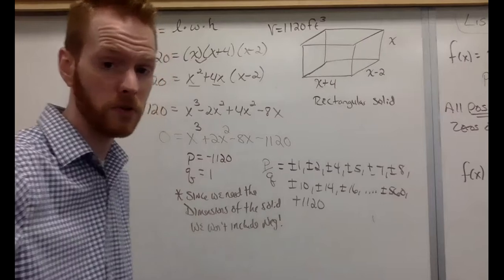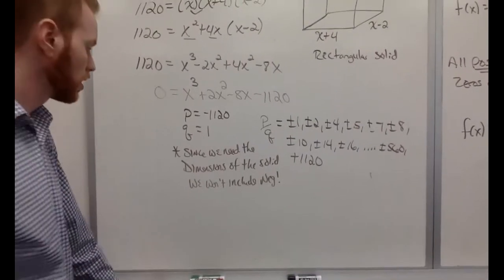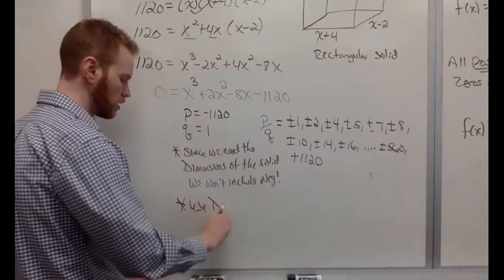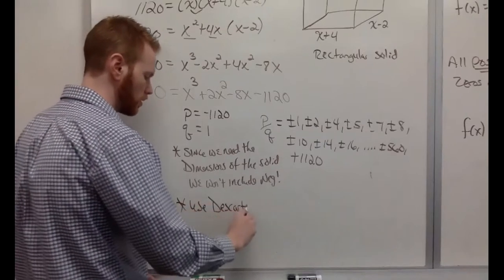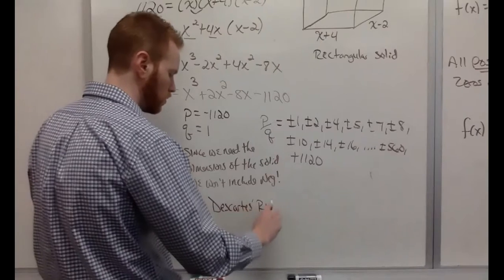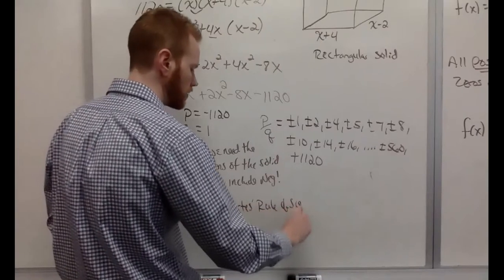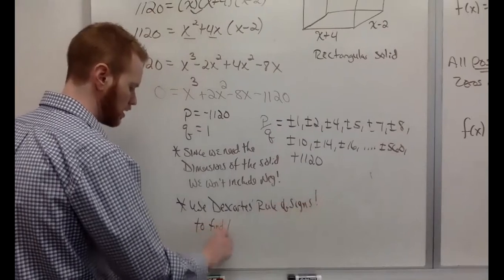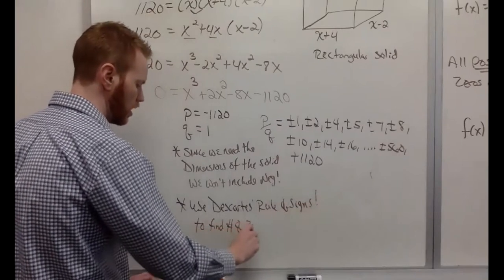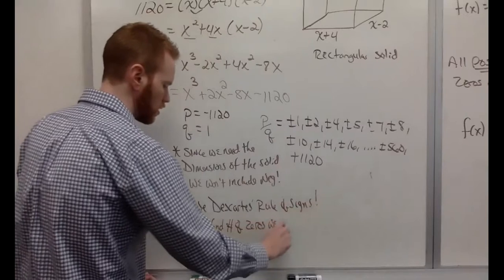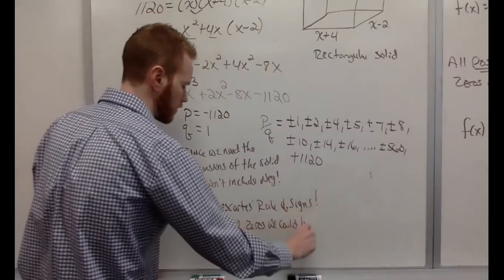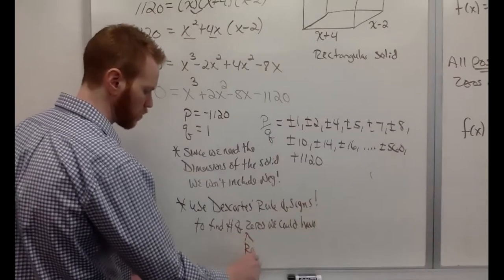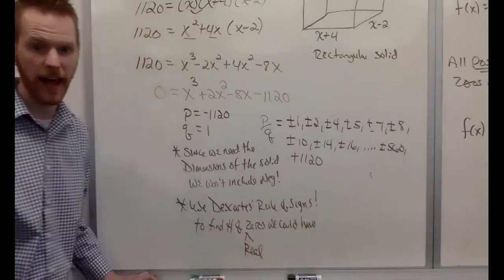Here's what I'm proposing: let's use Descartes' rule of signs to find the number of real zeros that we could have.